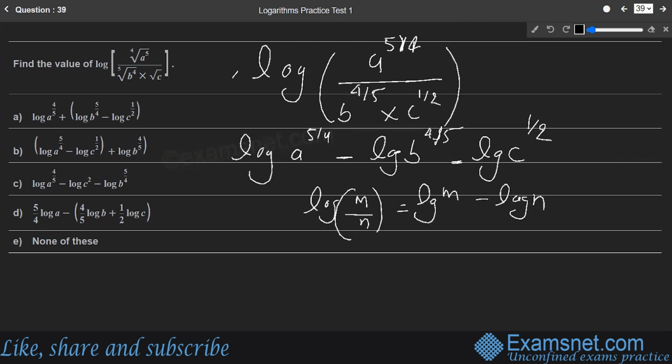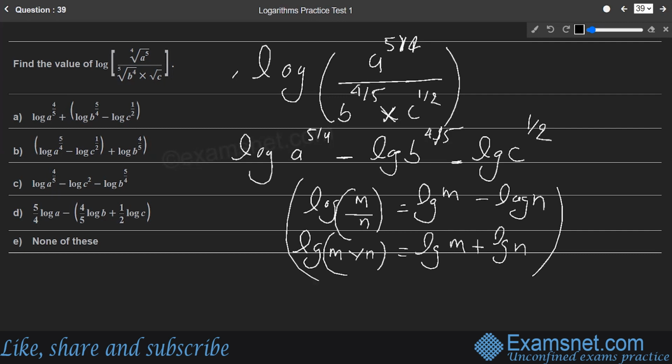Whatever is in the denominator comes back in subtraction form, and log of m into n is always log m plus log n. That has been used here. In the denominator you had a product term, so that has come in plus form, but ultimately there has to be a minus outside, because the whole thing is in the denominator. So this is what you finally achieve.